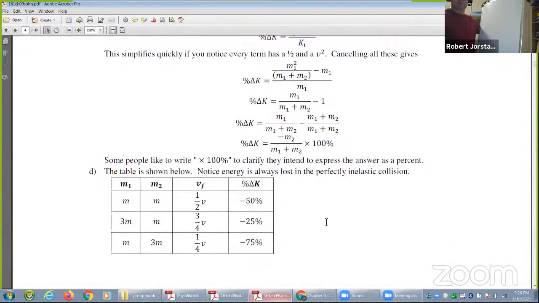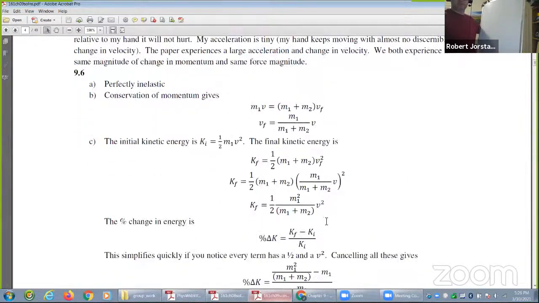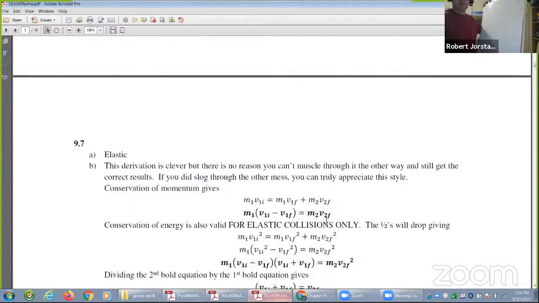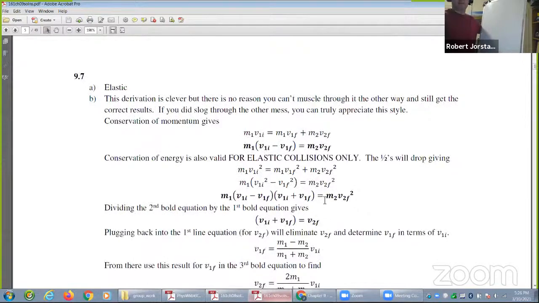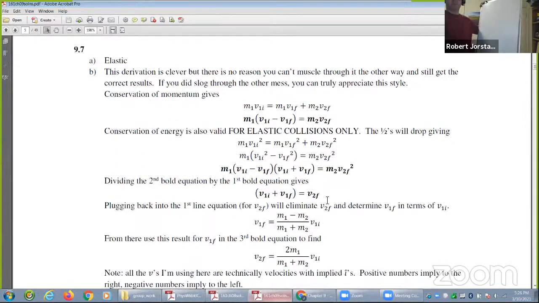What problem was this? 3.6, what, 9.7? Yeah, it was this one. I want to point out this particular problem is probably one of the ugliest pieces of algebra you're going to have in this entire course.